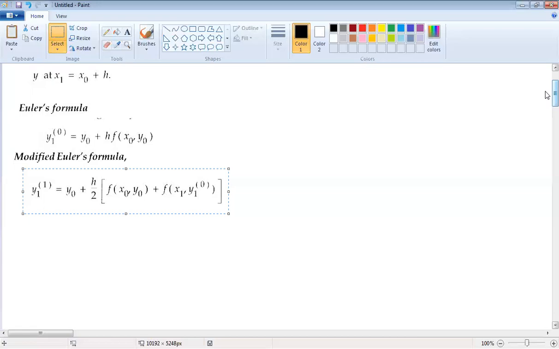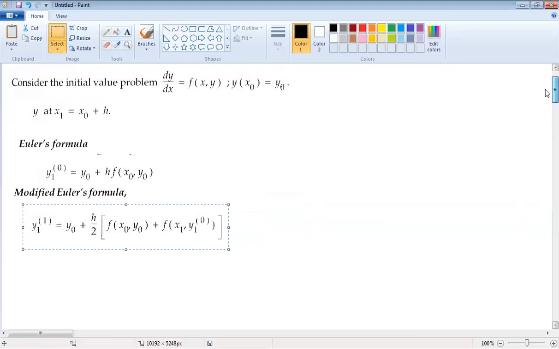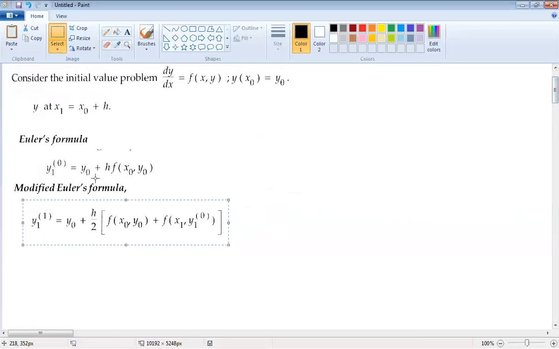Remember what was x1? x1 is x naught plus h, and y1 of 0 we have got from the Euler's formula. This particular iterative formula can be used multiple number of times to get the desired accuracy.